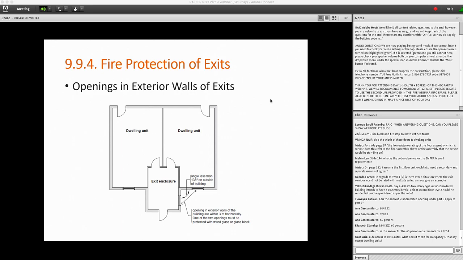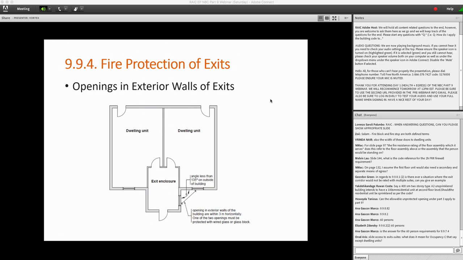So back to the question on the table 9.9.7.4 for suites. So table 9.9.7.4 actually just discusses the maximum area of the room or suite and the maximum distance to the egress door. And again, this is for egress provisions from a room or a suite.